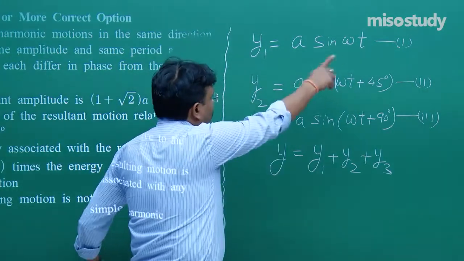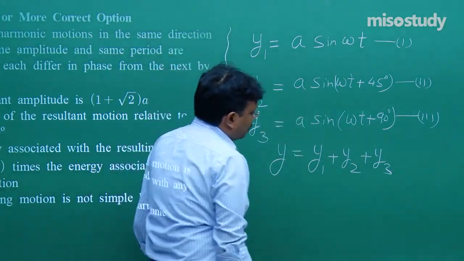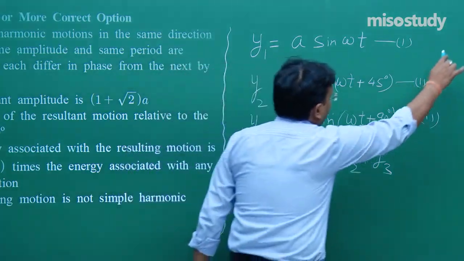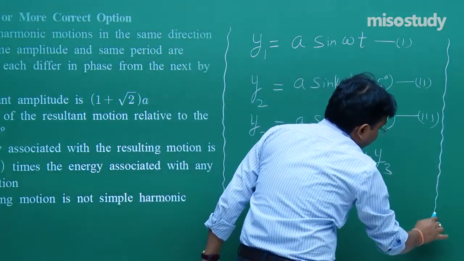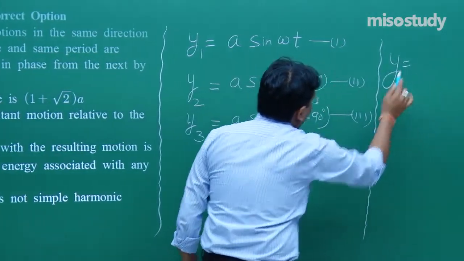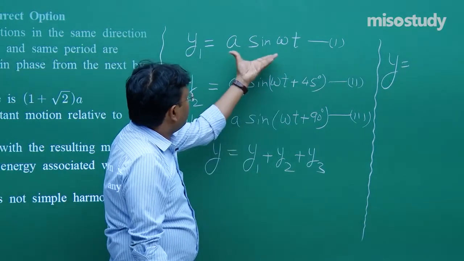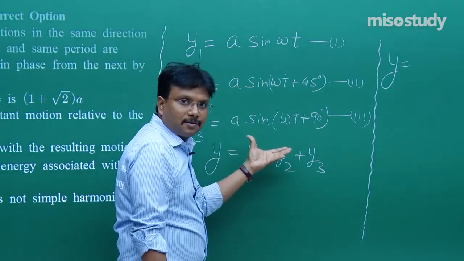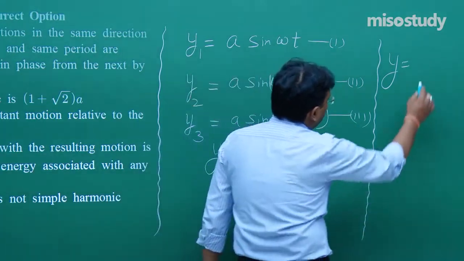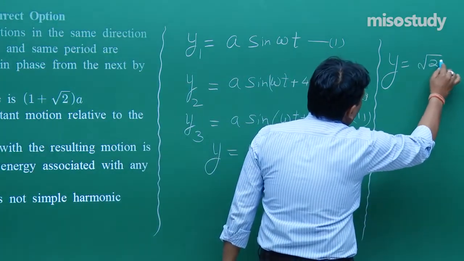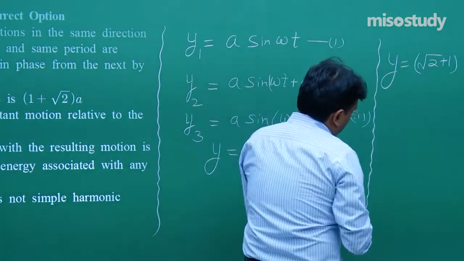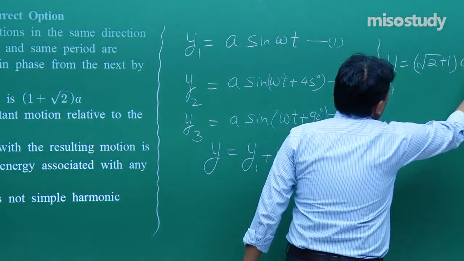So now these equations are part of this calculation. Let me write down y is equal to this plus this plus this. I am writing it as y is equal to root 2 plus 1, sin.